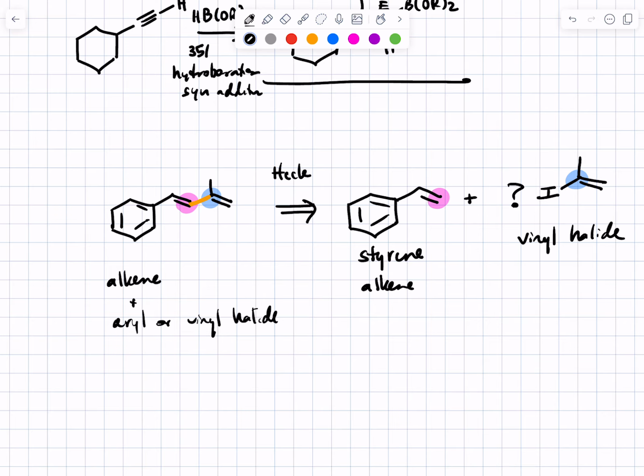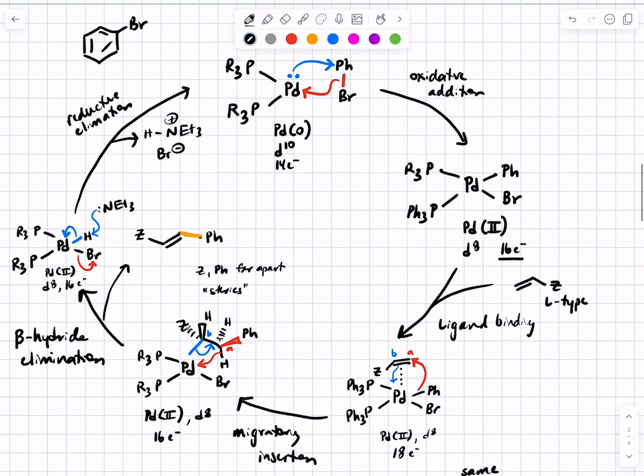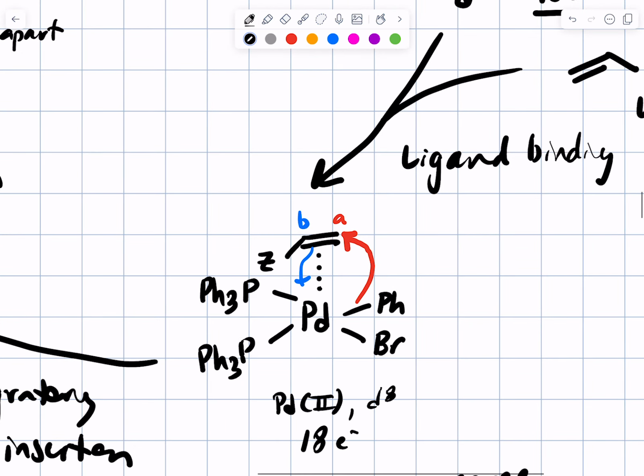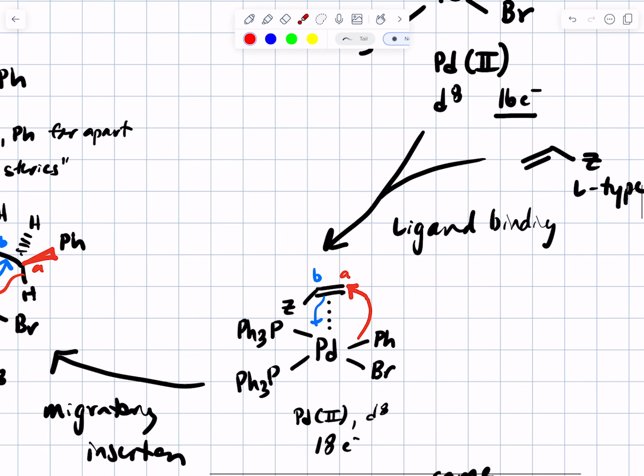Yeah? I'm just thinking about the mechanism of the Heck reaction and how the alkene nestles up to the palladium, kind of making a bond. In my head, if you have an electron withdrawing group, it would have a harder time doing that. Right. What is the effect of the electron withdrawing group in allowing the alkene to bind the metal and perhaps facilitating this reaction?